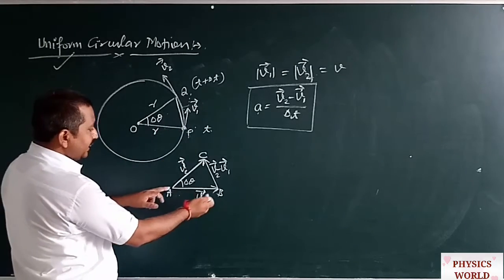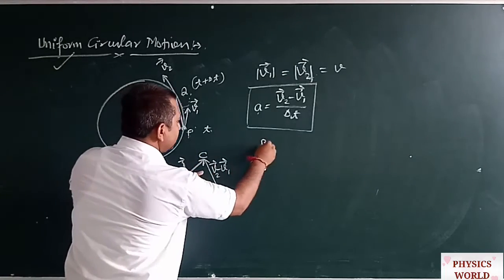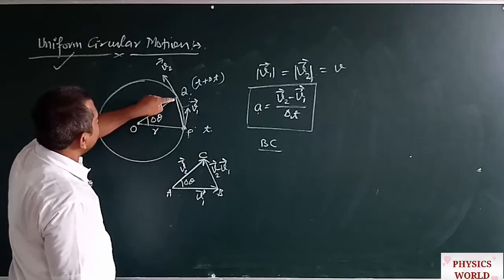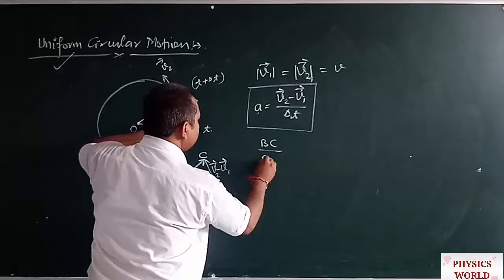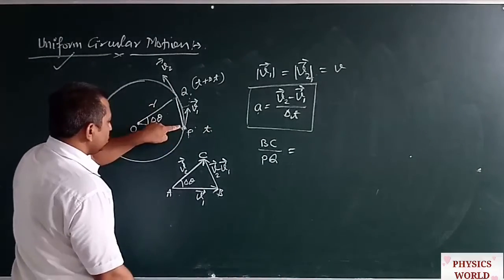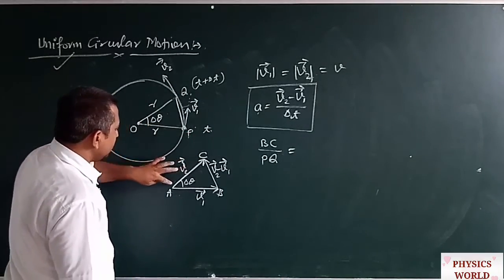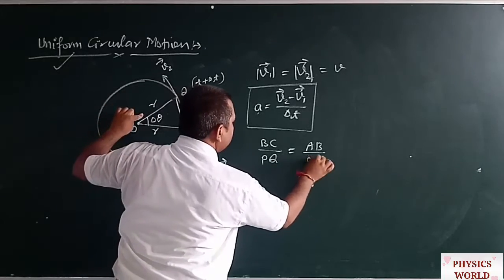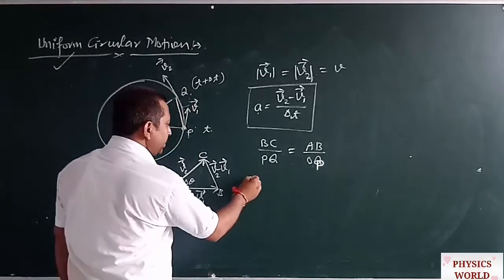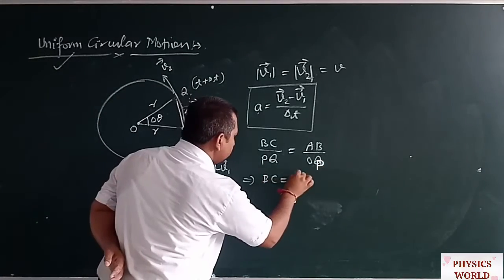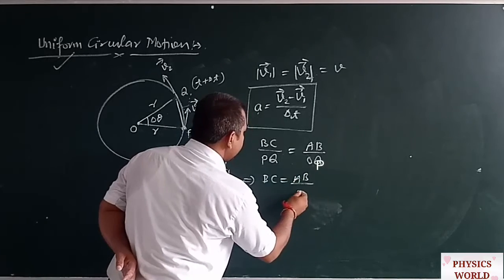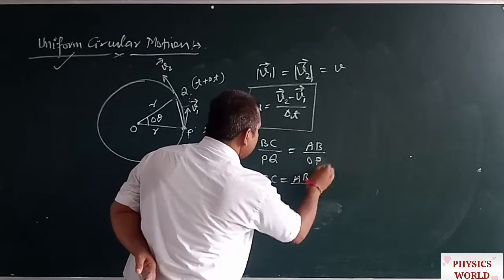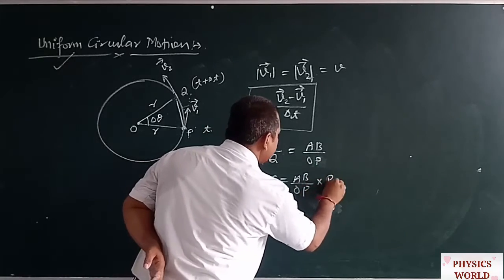So from here we can take BC divided by the chord PQ is equal to AC or AB divided by OQ. So the value of BC is equal to AB divided by OQ, which can be taken as OP, into PQ.